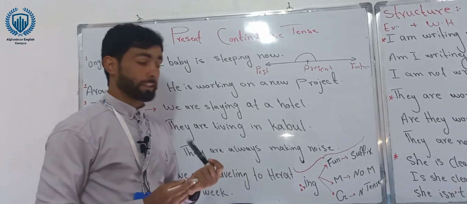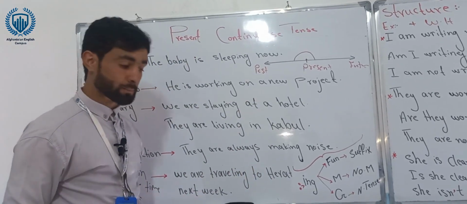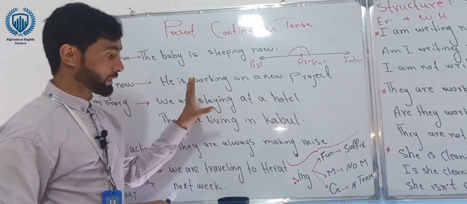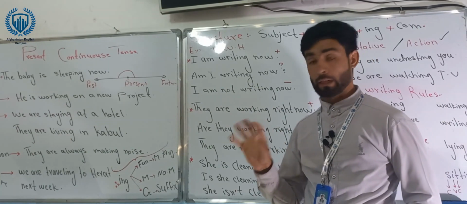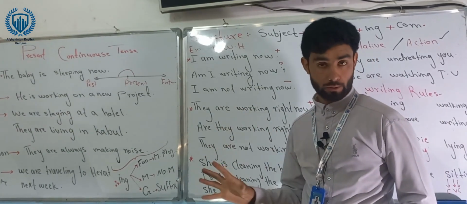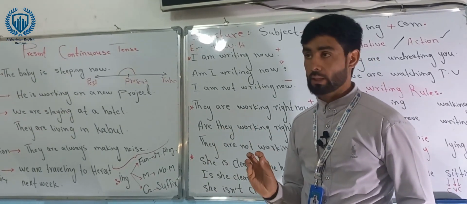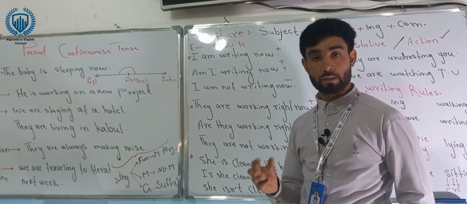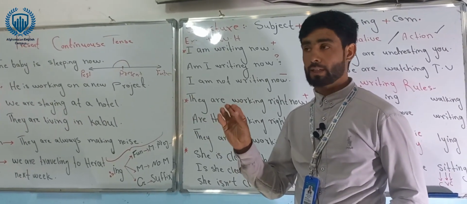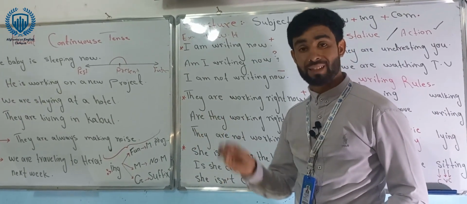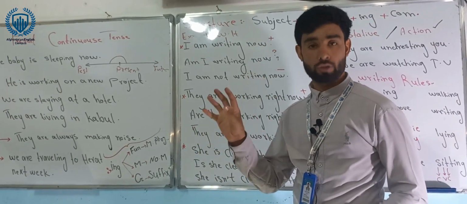So, come to the next part. This was some of the usages and the timeline. Come to the form of the verb we use in the continuous tense. Which form of the verb do we use? In all continuous tenses, not only present continuous, we use the present participle. It means the ing form of the verb.